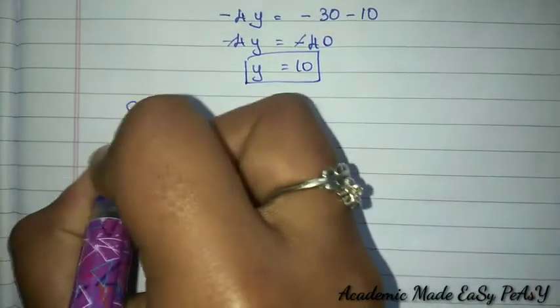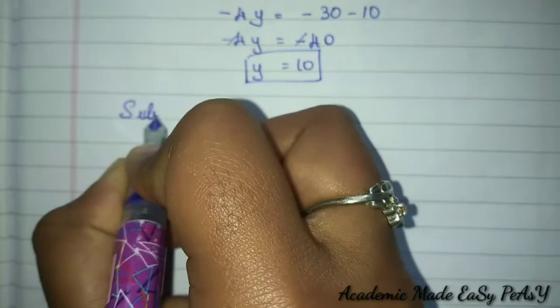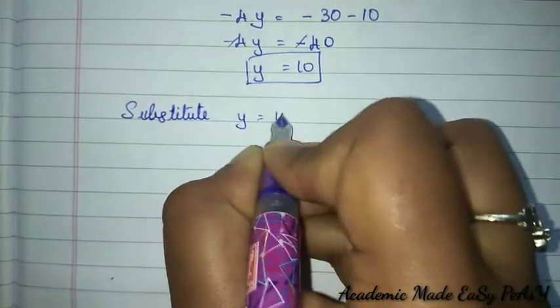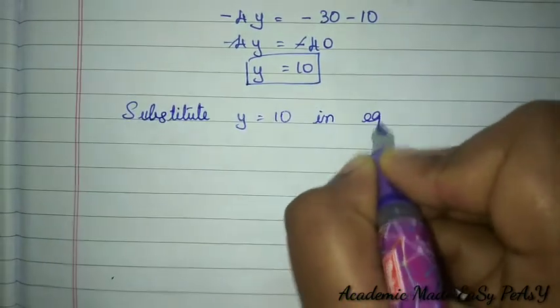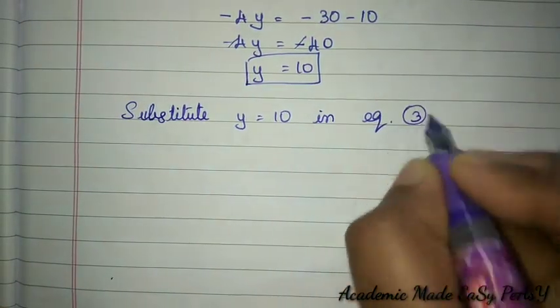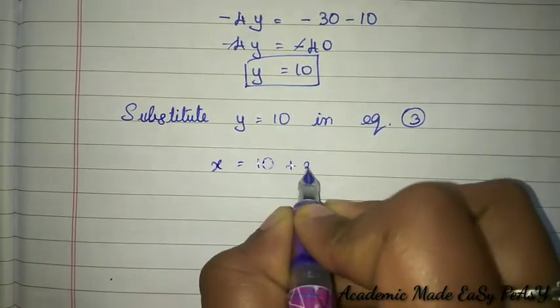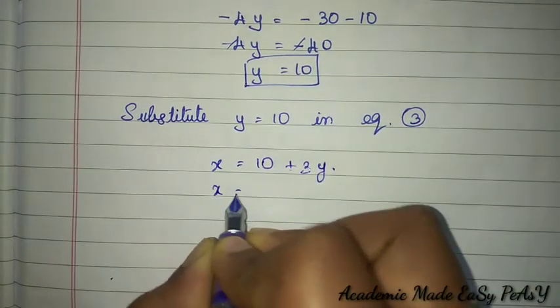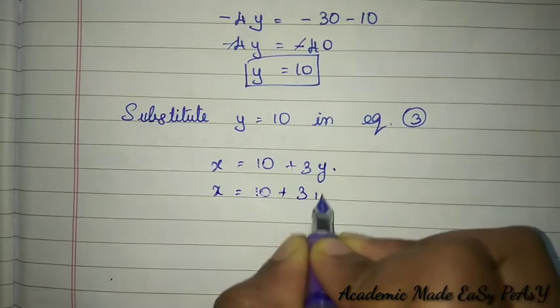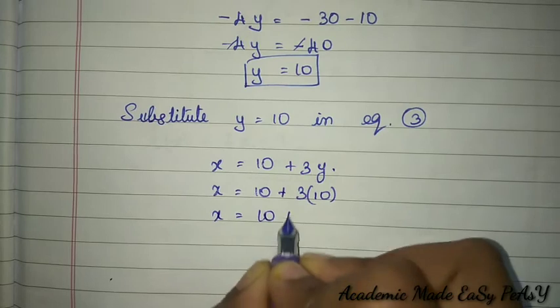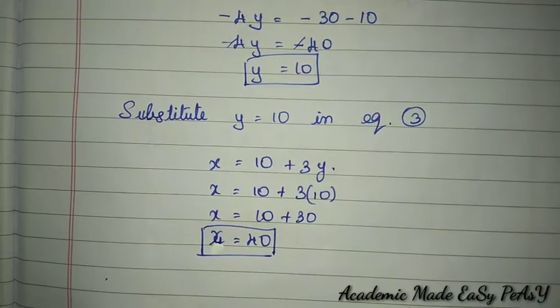So now I will be substituting y is equal to 10 in equation 3. So my equation 3 was x is equal to 10 plus 3y. So x is equal to 10 plus 3 into y, which is 10. So x is equal to 10 plus 30. x is equal to 40.